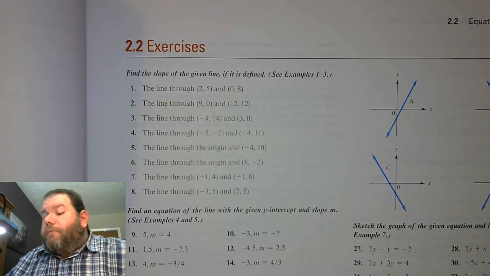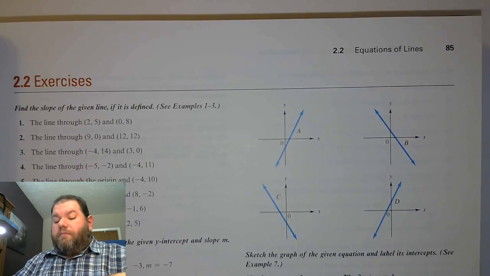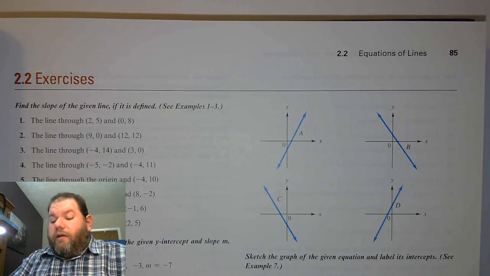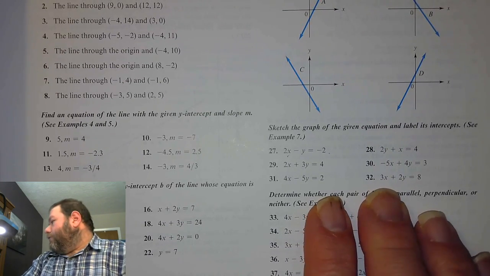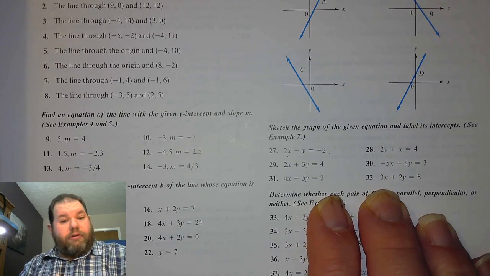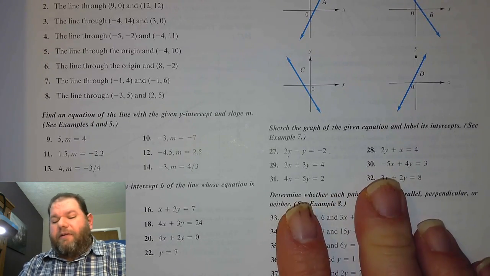Oh, sorry, I'm on page 85. I believe for homework I gave you problems up through 32. Well, I take it back. I haven't formally assigned it, but that's where I plan to give homework.